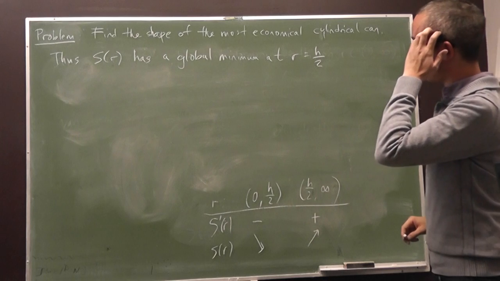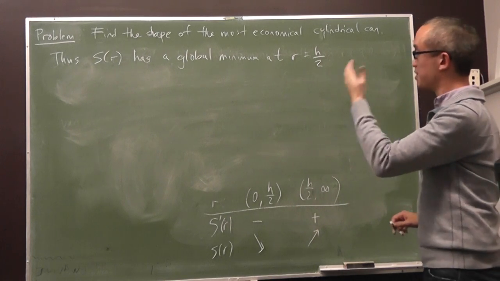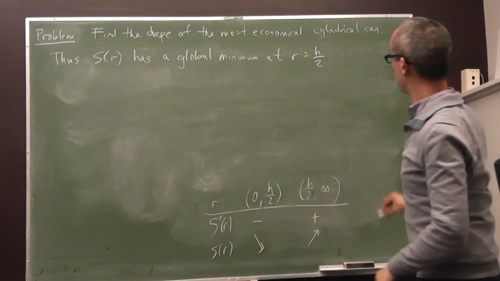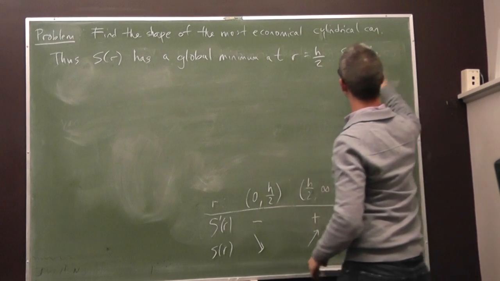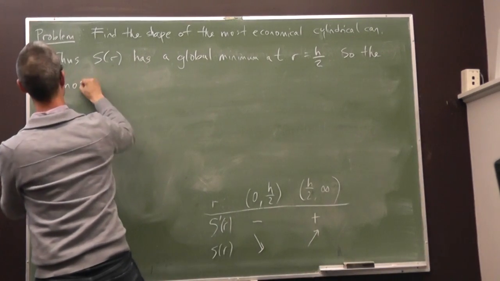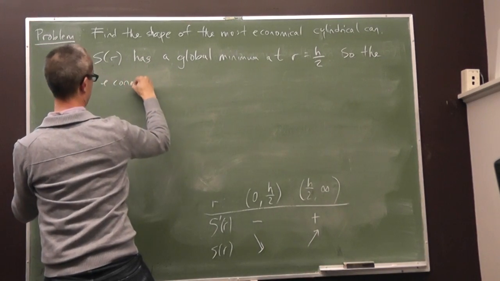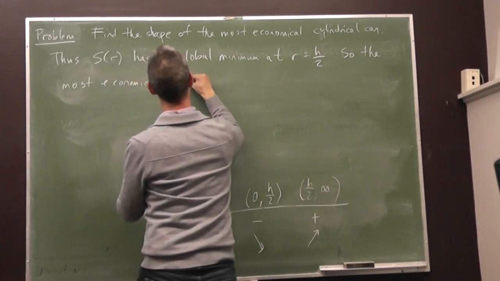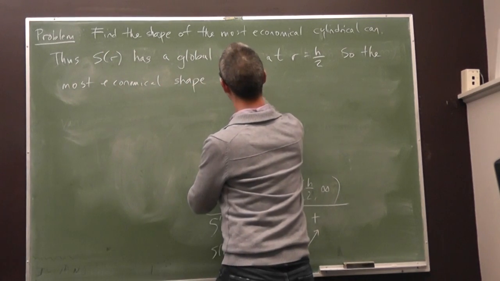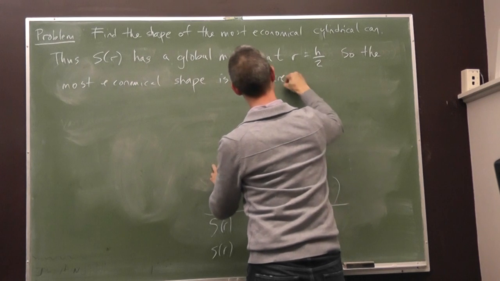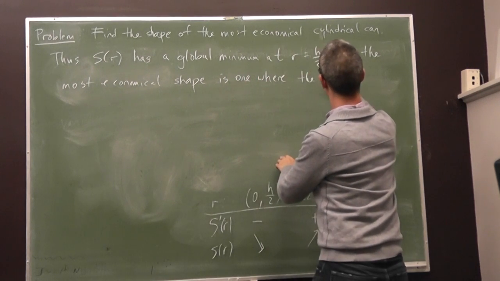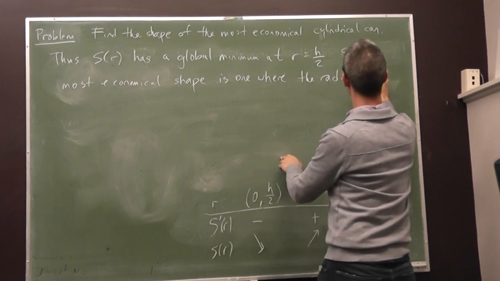And that's really it. I mean, that's the answer that we're looking for. The most economical shape is one where the radius is half the height.